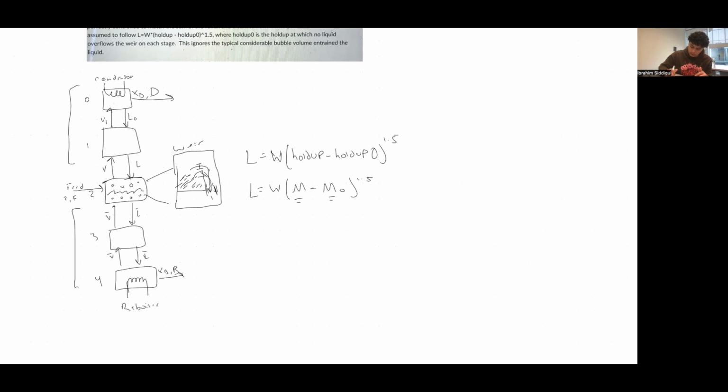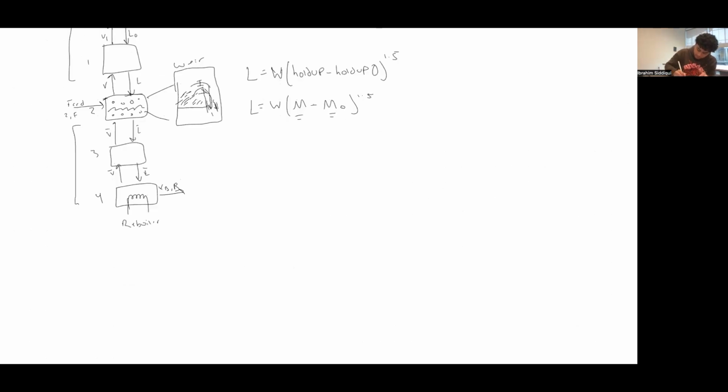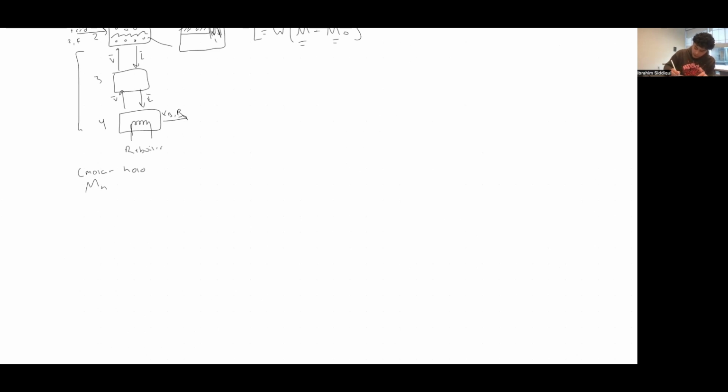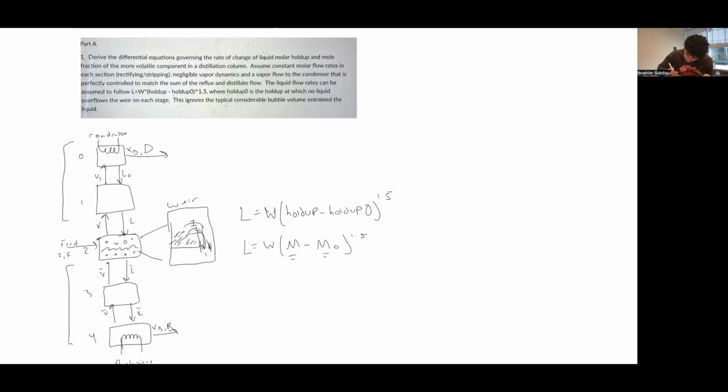Let's rewrite these terms so it's more or less defined. We have Mn, let's just label this. So this is our molar holdup. And we also have Xn. So this right here is our change in mole fraction of the more volatile component, I believe. Let's see our description. What is this?